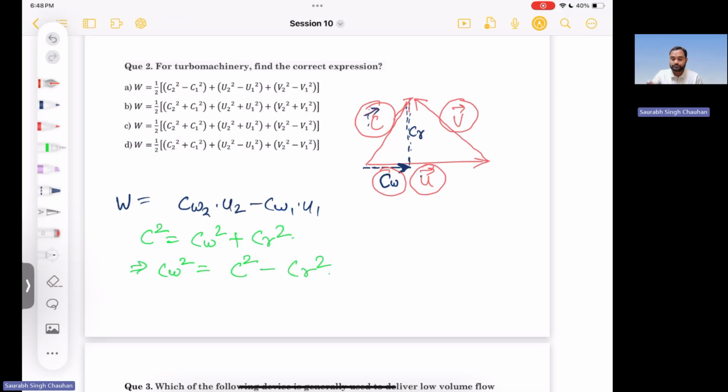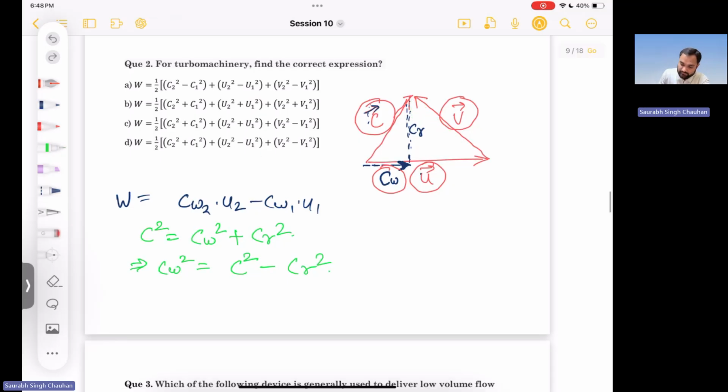Now you need to eliminate CR. For that, we can look at this other triangle. In the other triangle, you can write V square is equal to (U minus CW) square plus CR square.